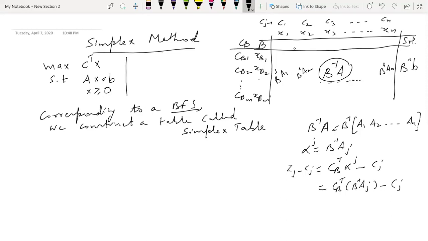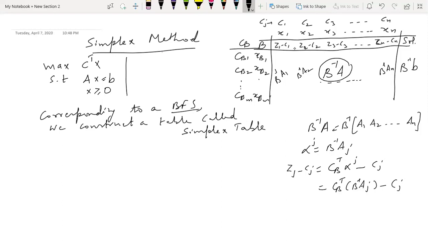This cb transpose B inverse aj is my zj component, and then you subtract cj from it. So cb multiplied by alpha 1 minus c1 is my z1 minus c1. I write this component here, z1 minus c1, then z2 minus c2, z3 minus c3, and so on up to zn minus cn.